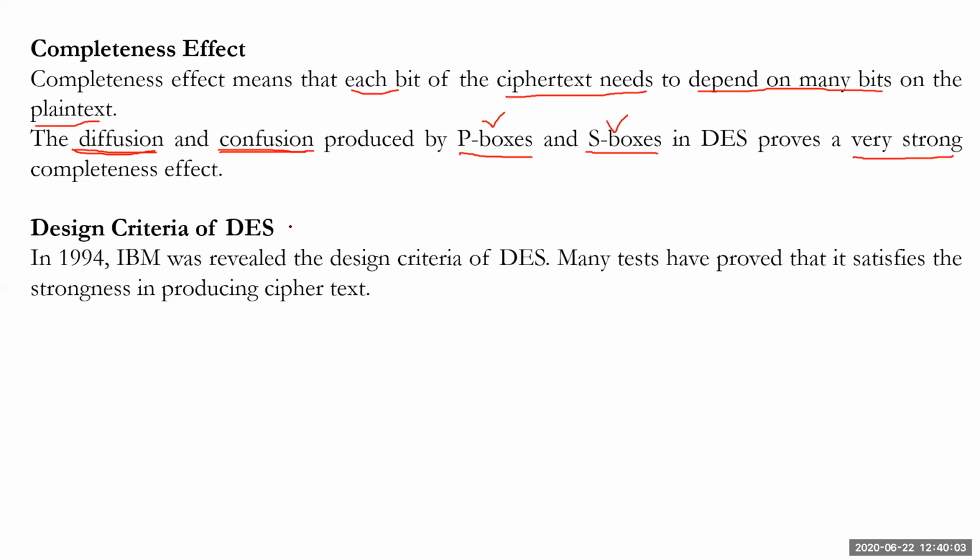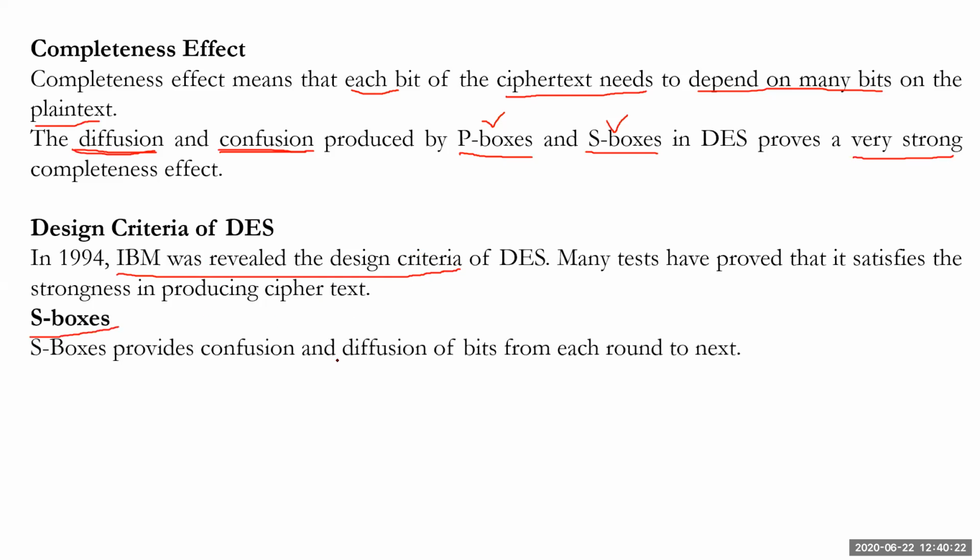In 1994, IBM revealed the information regarding the design criteria of DES, and it was confirmed that DES provides very strong ciphertext. How? One of the reasons is the S boxes. S boxes provide huge confusion and huge diffusion operations.